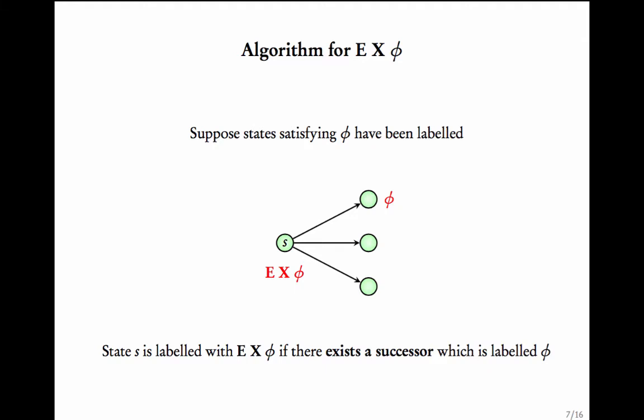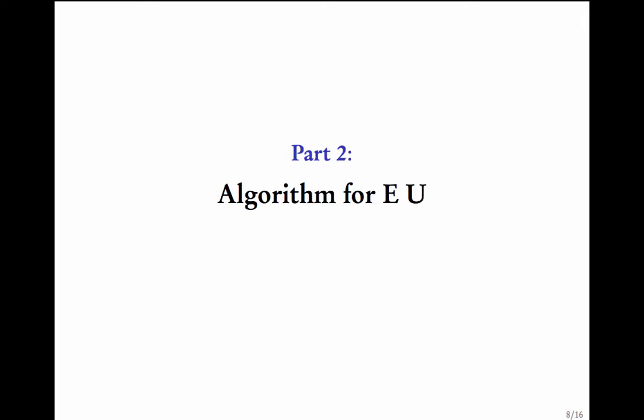This is the algorithm. It looks at every state of the transition system and marks phi first. Once it is done, it will look at predecessors of the states that have been marked with phi, and those predecessor states will satisfy EX phi. So we are done with the algorithm for EX.